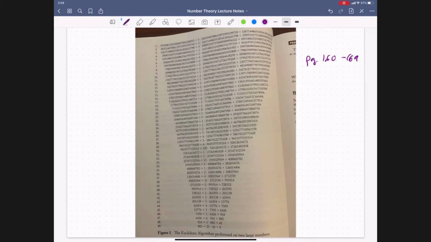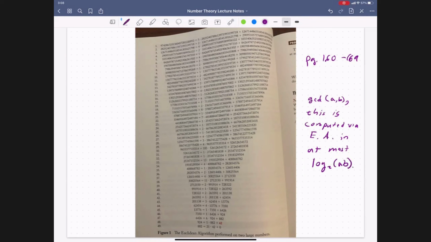And actually, they prove that if you're trying to compute the GCD of A and B, this is computed via the Euclidean algorithm in at most log base 2 of the product of A and B steps.